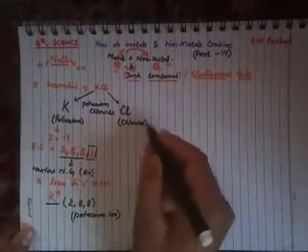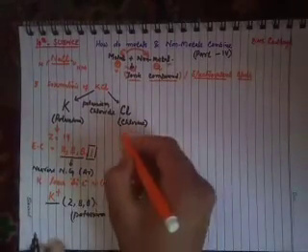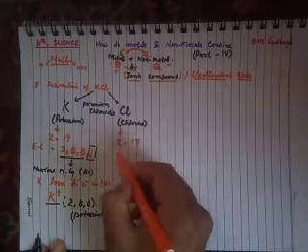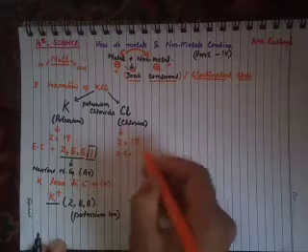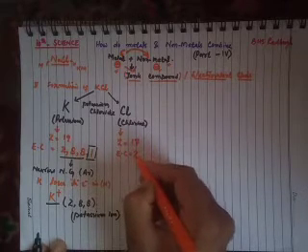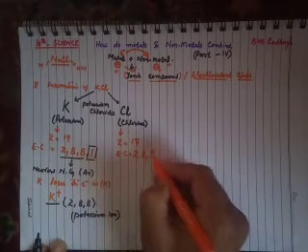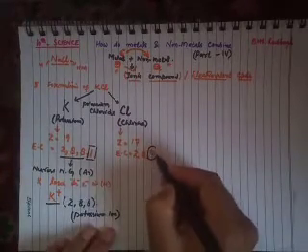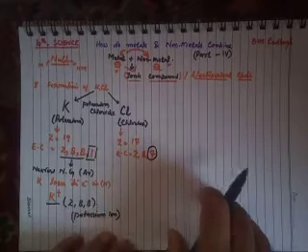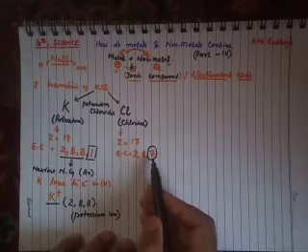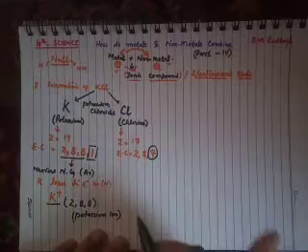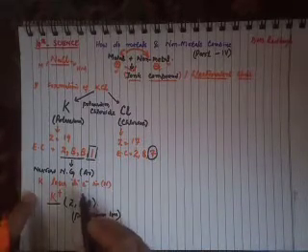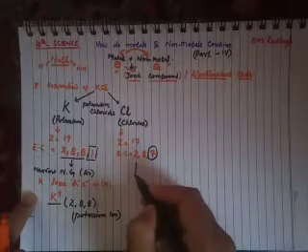Coming to chlorine, dear students, the atomic number is 17, and the electronic configuration is 2, 8 and 7. Dear students, this is the last, outermost or valence shell of chlorine. It contains 7 electrons, so it is short of 1 electron. So the electron that is lost by the potassium atom is gained by this.